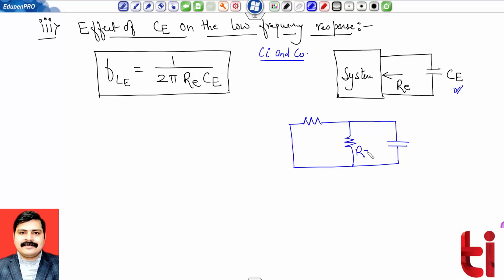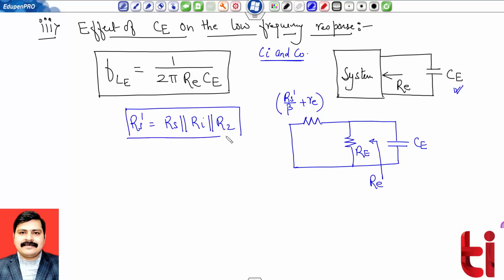This is my emitter resistance Re, across which I will measure the resistance. This is my emitter bypass capacitance Ce, and this is the resistance for the transistor, calculated as Rs dash upon beta plus Re, where the value of Rs dash is the parallel combination of Rs with R1 and R2.